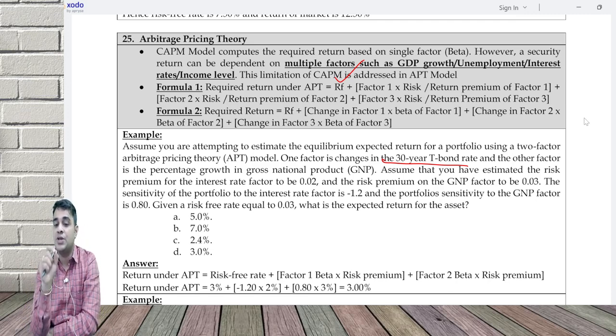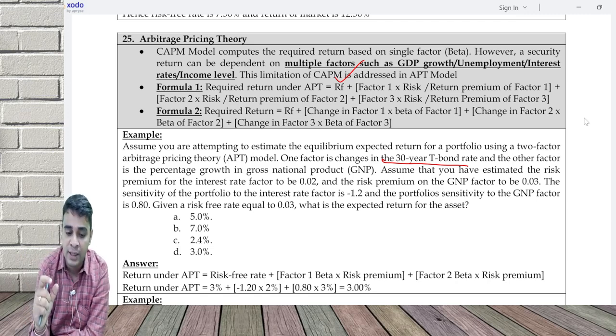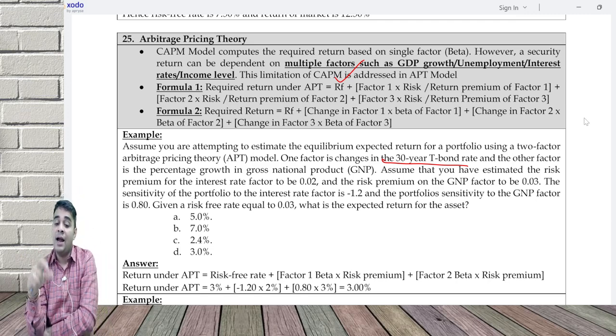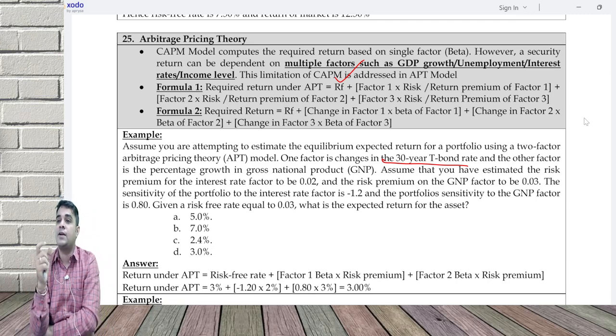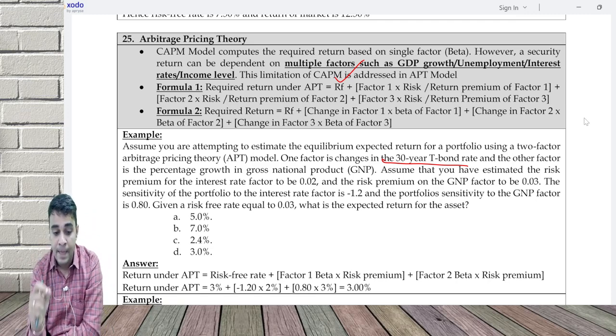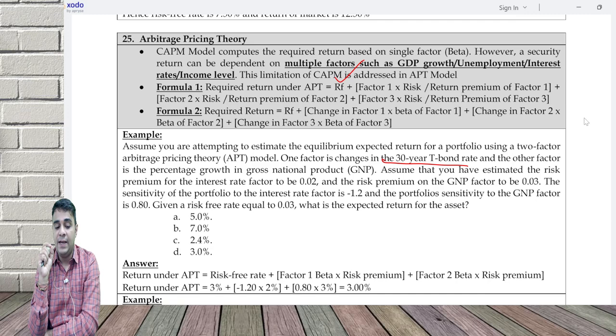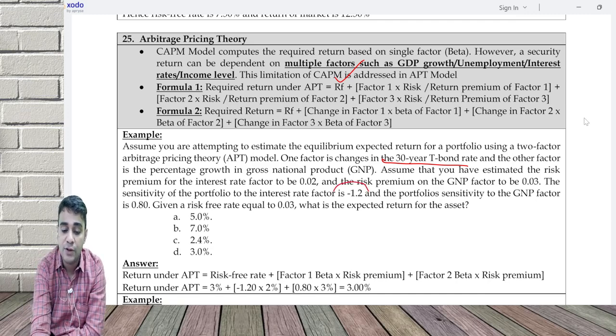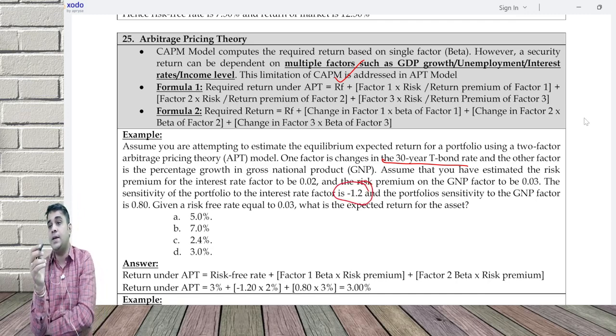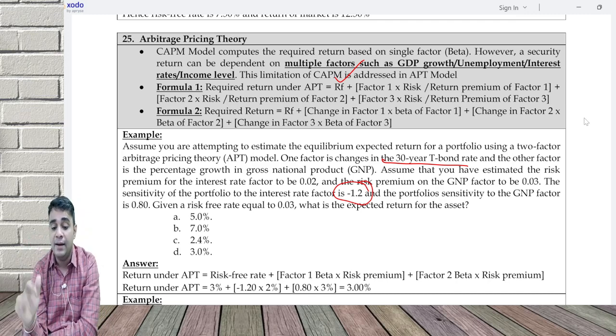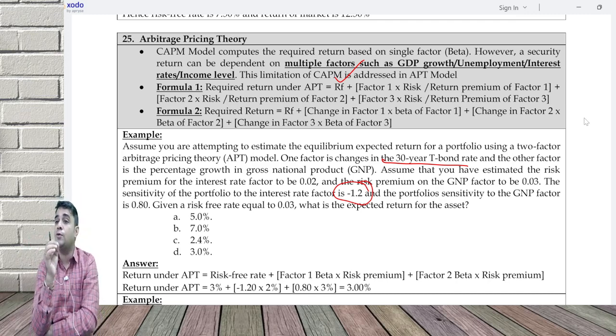This is a question in CFA material, and they have very clearly made it 0.02. They don't want this percentage confusion and all. So 0.02 is the extra return you need for this factor, and the risk premium for the GNP factor is 0.03. My portfolio is impacted to the extent of minus 1.2. Minus 1.2 will lead to a negative risk premium, and it is related to the GNP factor at 0.8.